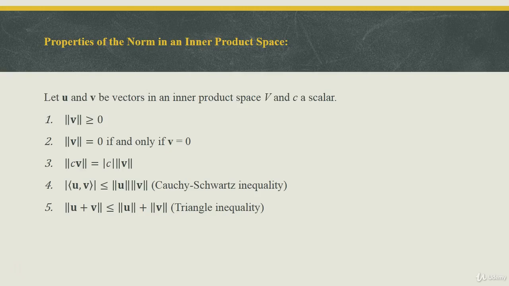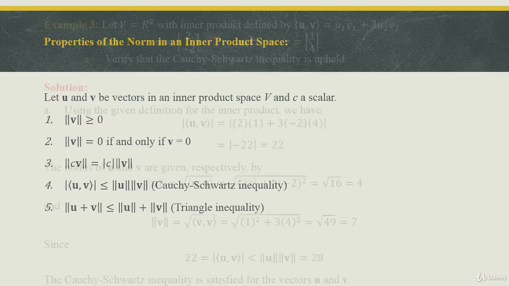The next is norm of CV is equal to mod of C times norm of V. The next is mod of inner product of U comma V is less than or equal to norm of U times norm of V, which is also known as Cauchy-Schwarz inequality. And the last one is norm of U plus V is less than or equal to norm of U plus norm of V, which is also known as triangle inequality.